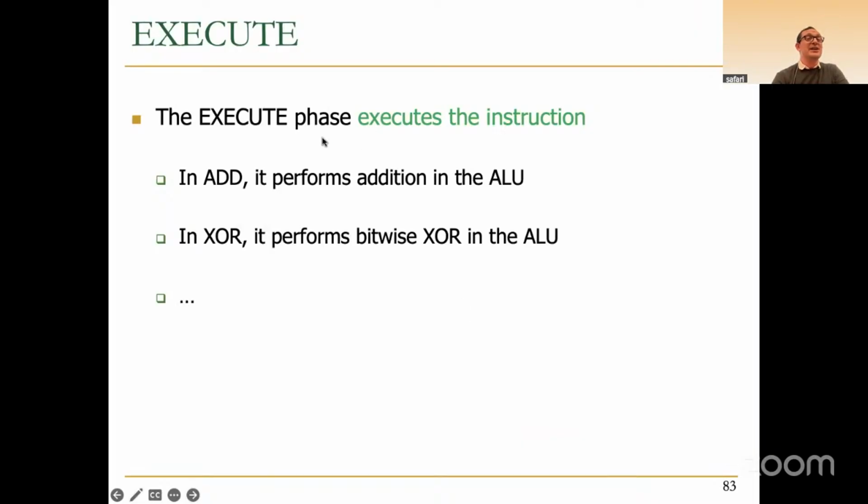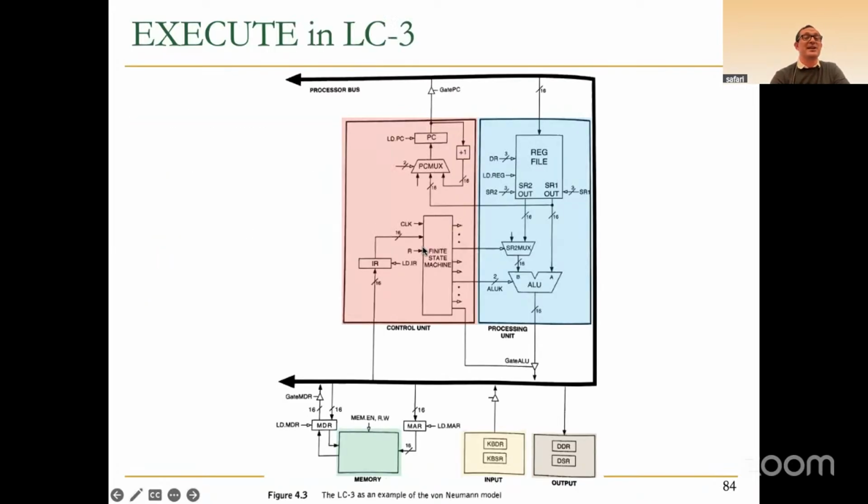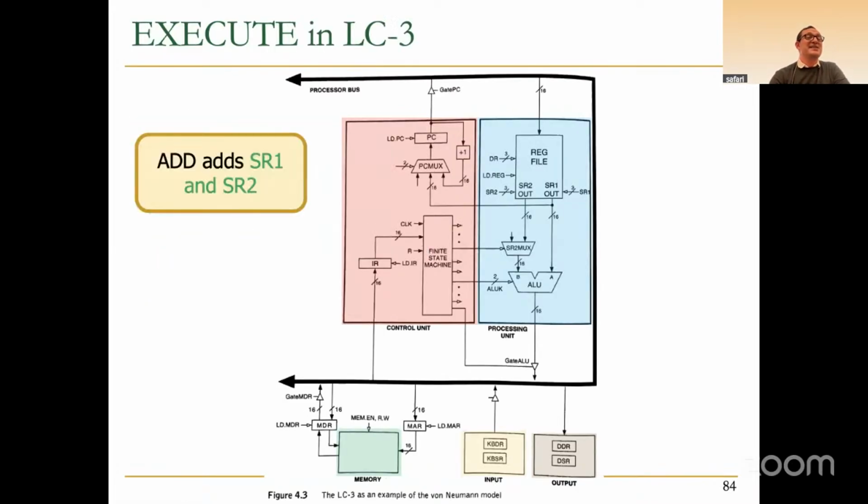The execute phase executes the instruction. In add, it performs addition in the ALU. In XOR, it performs bitwise XOR in the ALU, etc. Let's take a look at add. It adds SR1 and SR2. In this state, you set the control signals such that you access the register file. The data comes through the ALU, so you have SR1, SR2. There are control signals that make sure both of these registers go to the inputs of the ALU, and the ALU operation is add.